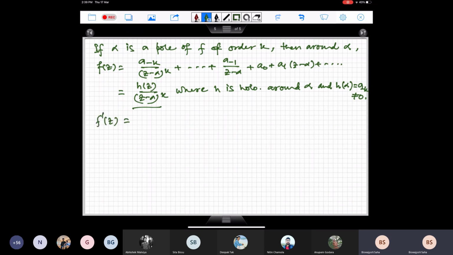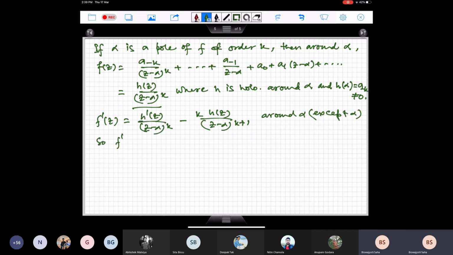Therefore, what is f prime? f prime is h prime z divided by z minus alpha power k, minus k h z divided by z minus alpha power k plus 1. This is of course except at alpha.